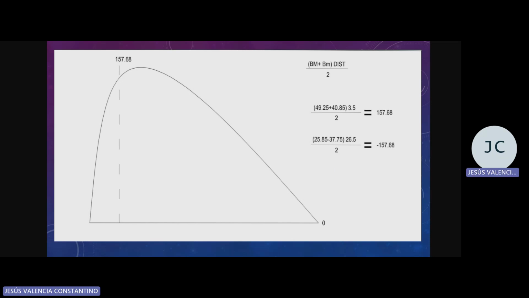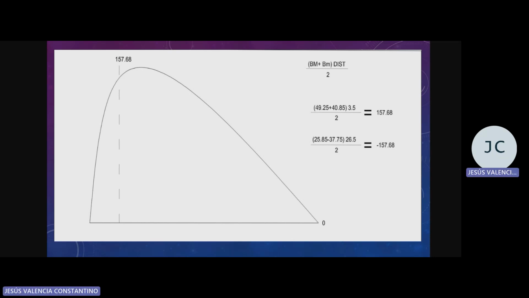Now this is multiplied by 26.5, resulting in minus 315.35, and then divided by 2, giving a value of minus 157.68.